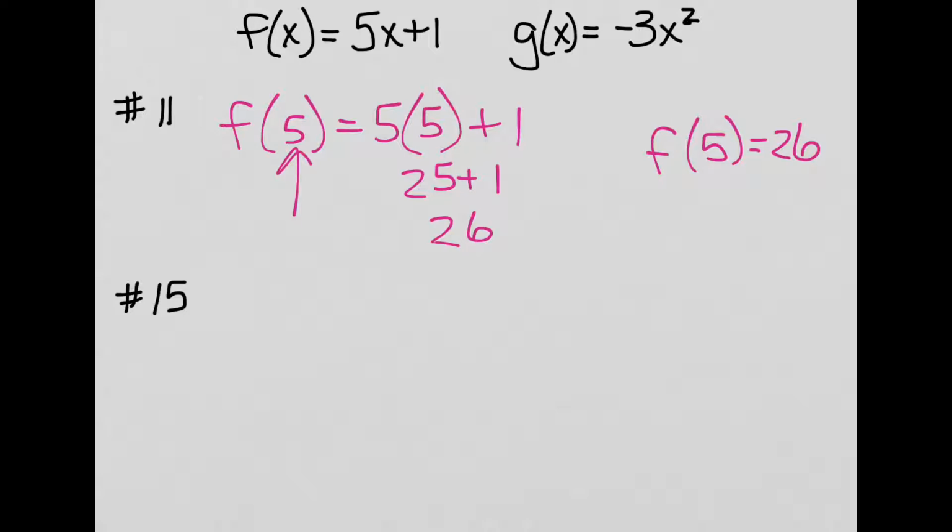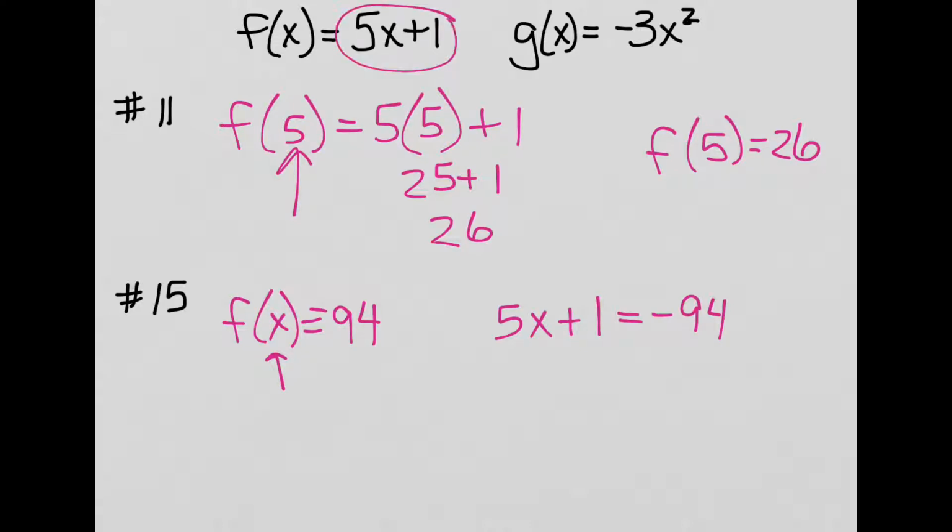Now number 15 is doing the opposite. It's saying f of x equals negative 94. Find x. I don't know what x is. There's still an x there. It's still a mystery. But if f of x equals negative 94, that means that I can replace the whole function with negative 94, because f of x equals all this stuff. It's kind of like substitution.